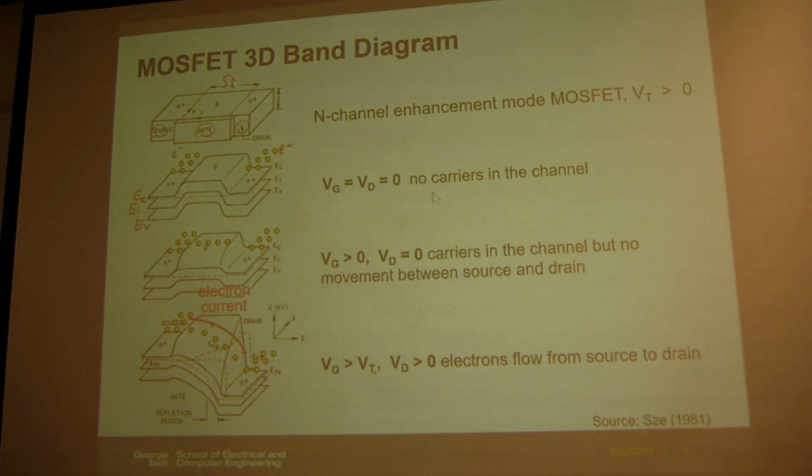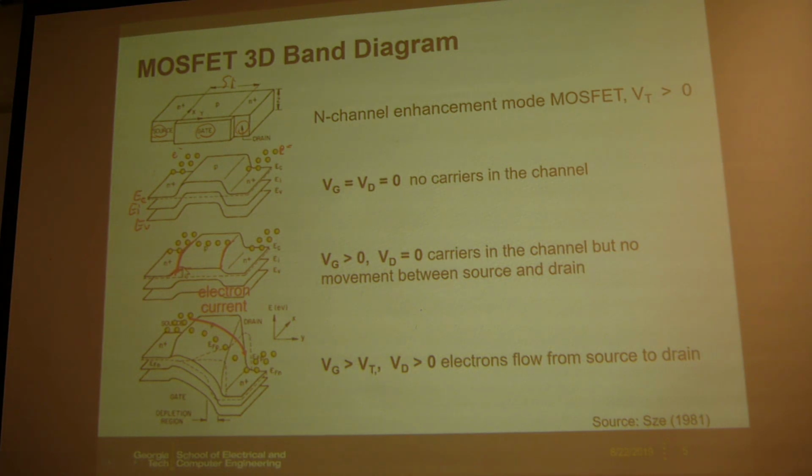And in the off state, when the gate voltage and drain voltage are zero, those electrons are separated and you don't have any current flow. So what happens is when you apply gate voltage, the band is bending towards the surface. So the barrier height is reduced at the silicon surface, which is the interface between the oxide and the silicon substrate.